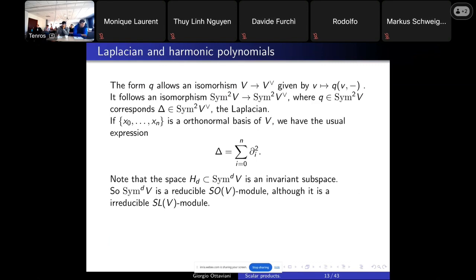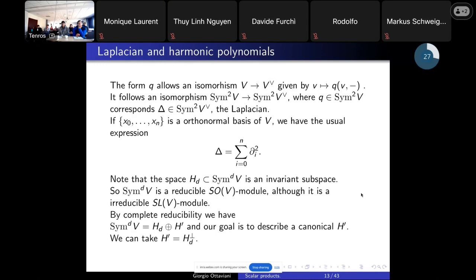Before, when we had just V tensor d, this was irreducible. Now this is reducible, as a module over the orthogonal group. It is irreducible with the action of SL, because this is no more invariant if you act with any invertible matrix. So the philosophy is that the Laplacian is a metric object, and so it's important in this situation.